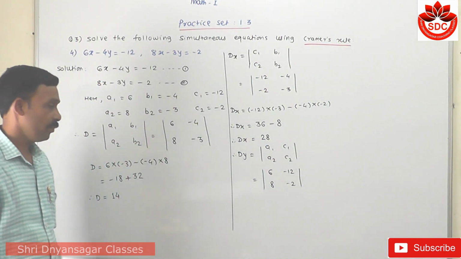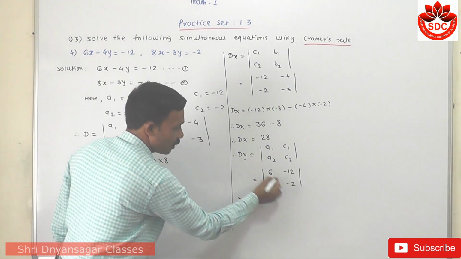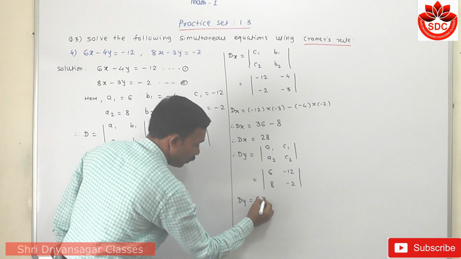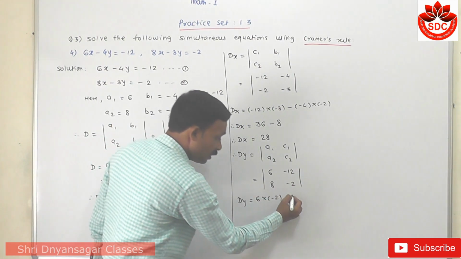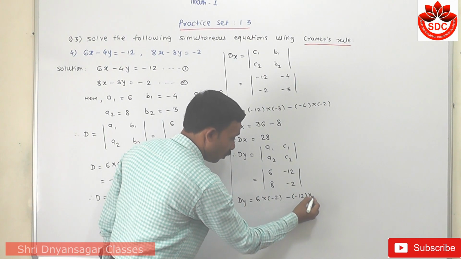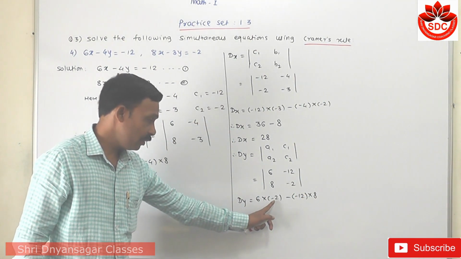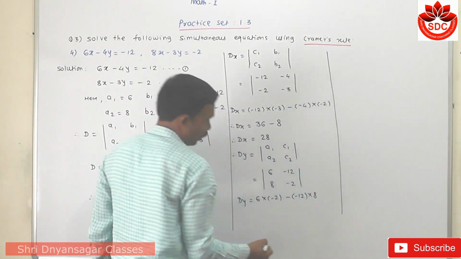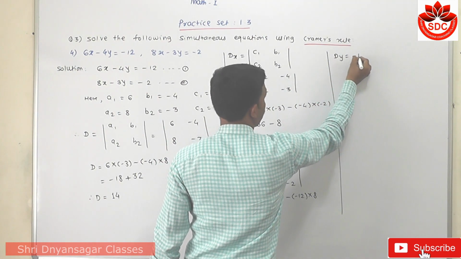Okay. Then by using the rule of determinant, we can find the value of Dy: 6 into minus 2 minus, this one, minus 12 into how much? 8. Now look here. 6 into minus 2 is how much? Minus 12.